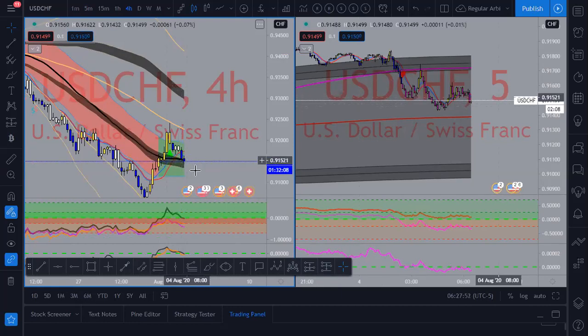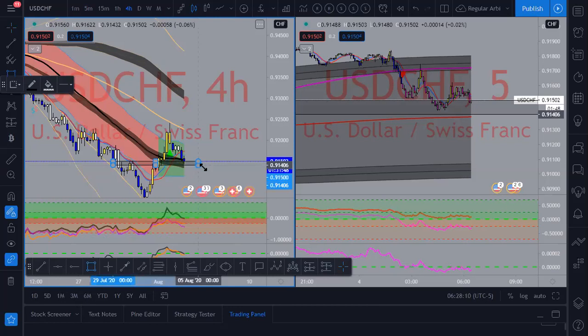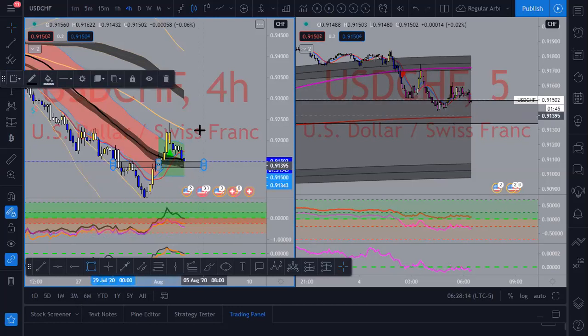Also, if the DXY is going to go bullish, then this is going to go bullish as well. Just like with the DXY, we got the push up, and then I wanted to retest. We got the same thing for USDCHF. So I'm not too crazy about selling this. I kind of actually want to buy this. This actually looks like a really good buy if it holds this level right here.